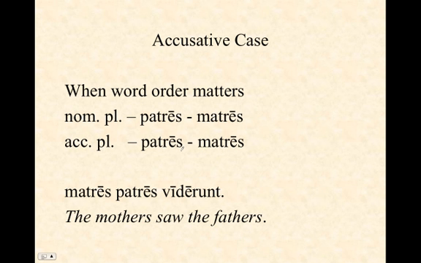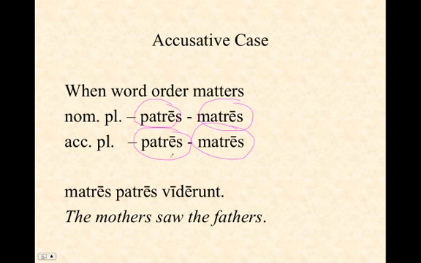Now, there is one important case in which word order does matter. The nominative plural of father is patres. The nominative plural of mater is matres. The accusative plurals of those nouns are also patres and matres. So in a sentence in which you have a third declension plural subject and a third declension plural object, how in the world are you going to know who's doing the action?